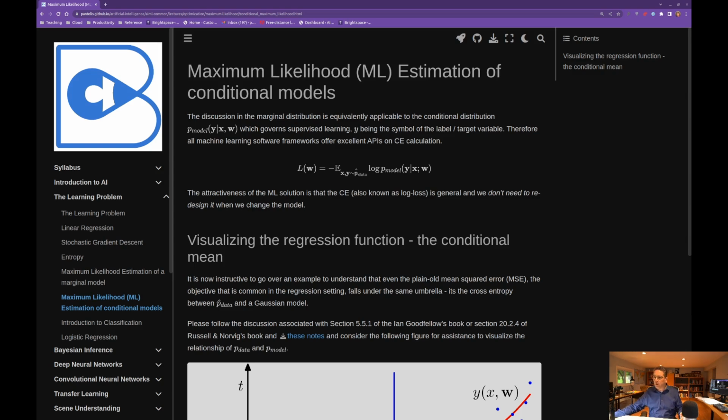So all we need to do is go to the very last expression we had about either cross entropy or negative log likelihood and replace the p model of x with a p model of y given x and w. In this way, we arrive at exactly the same equation, and all we need to do now is minimize the cross entropy for the conditional maximum likelihood.